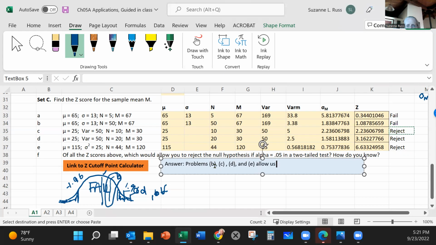This is not B, problems C, D, and E allow us to reject the null hypothesis. I know because these scores are more extreme than the cutoff point of plus or minus 1.96. And that's enough. That's adequate. And that problem is solved.